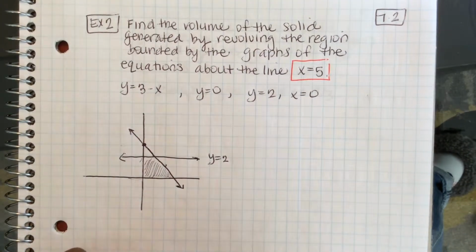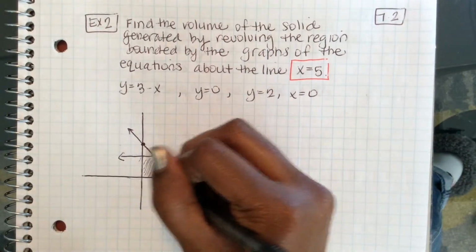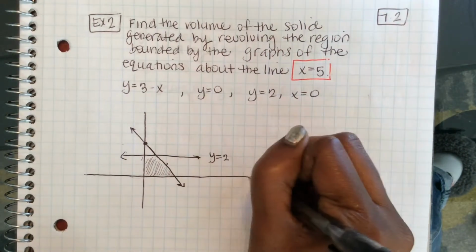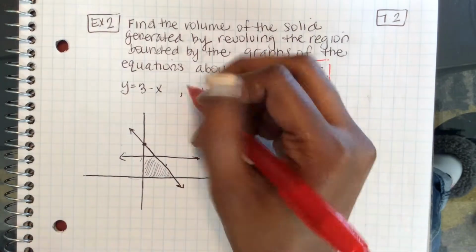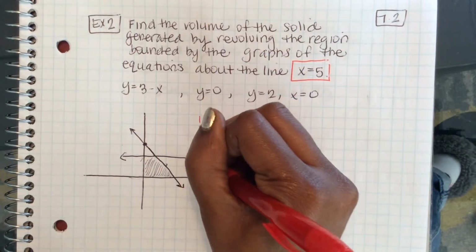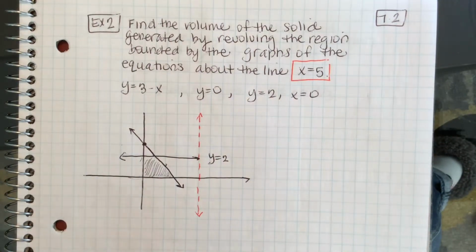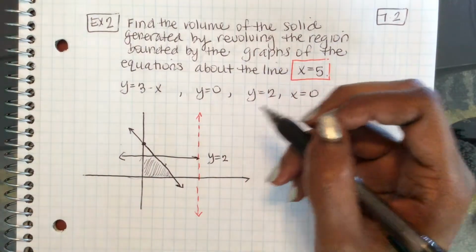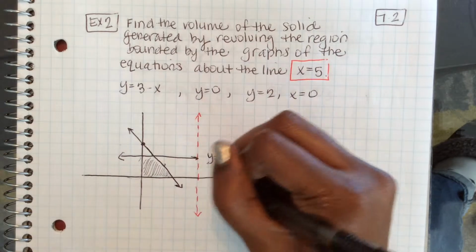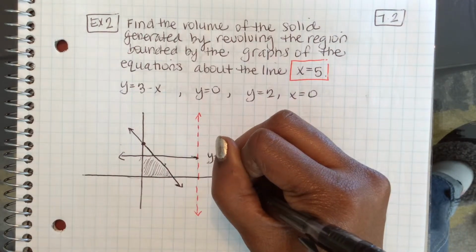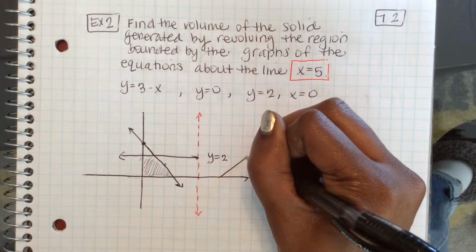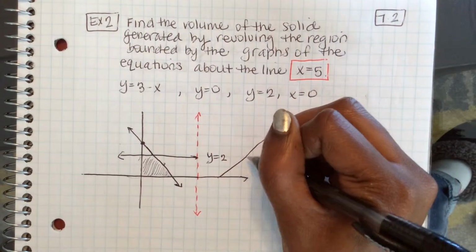So I'm rotating about the line x equals 5. So 1, 2, 3, 4, 5. X equals 5 is about here. It's a vertical line. So let's see, if I tried to reflect that, we would have a shape that looked something like that.